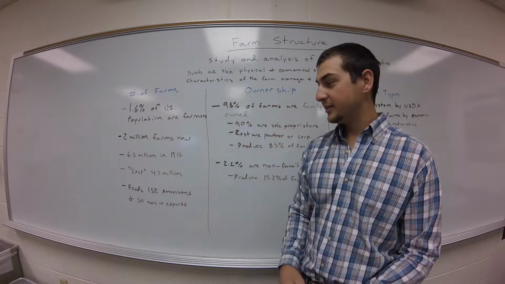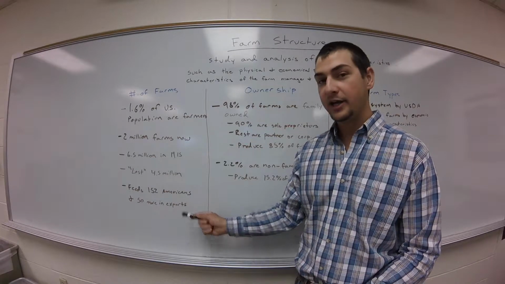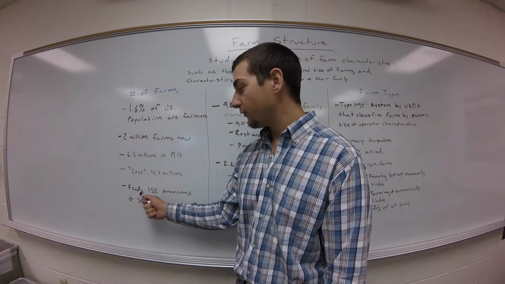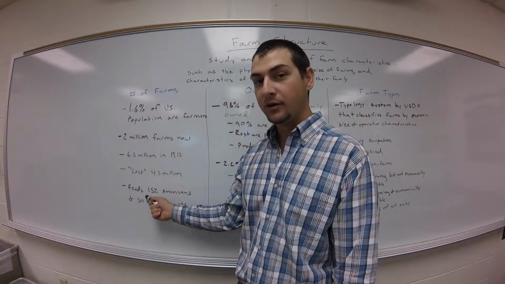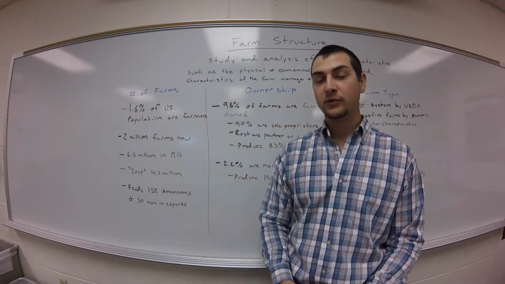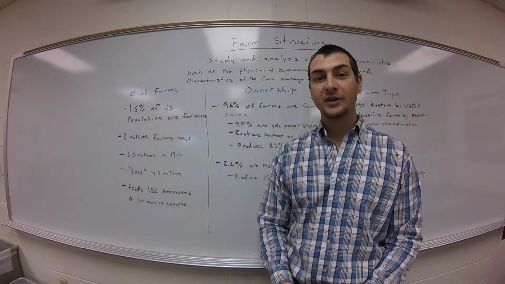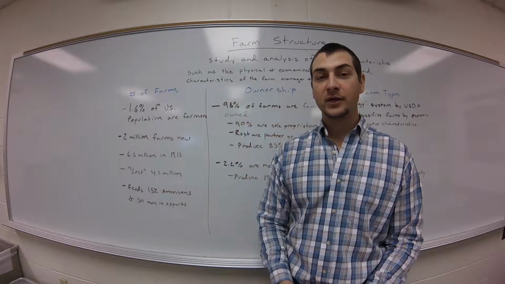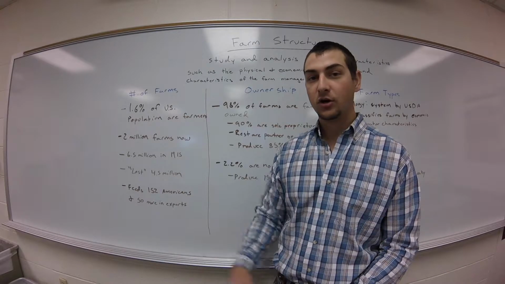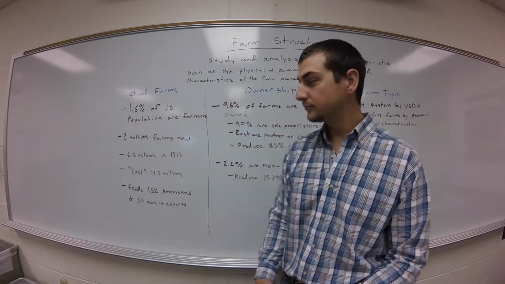An amazing statistic is that, and this is a little bit outdated, but according to the text, when the text was written, a single farmer feeds 152 Americans and also exports to over 50 more people. So a single farmer in the United States will now feed over 200 people. And that number has actually gone up in the past recent years.